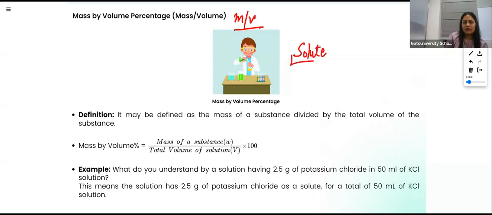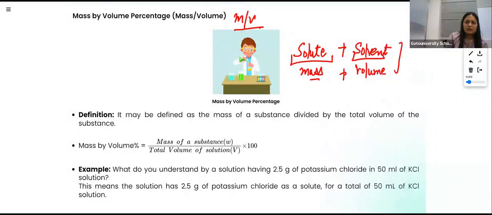We are measuring the mass of solute and the volume of solvent and mixing them to form a solution. So how much is the concentration of solute present in it and how much solvent we have taken to form a solution, right?